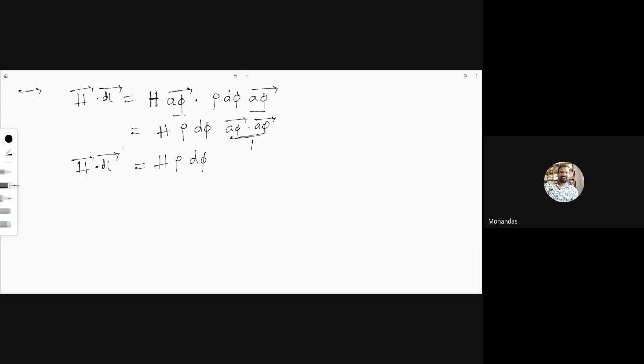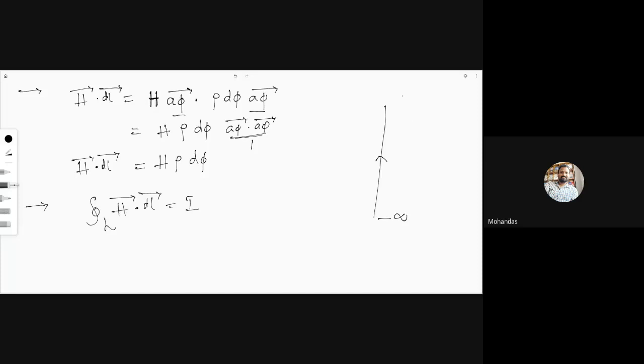Now what is the fifth step here? Closed line integral H dot dl equal to I enclosed. What is the I enclosed here? Current only. In the previous case, we have taken this infinite conductor which carries a current from minus infinity to plus infinity.